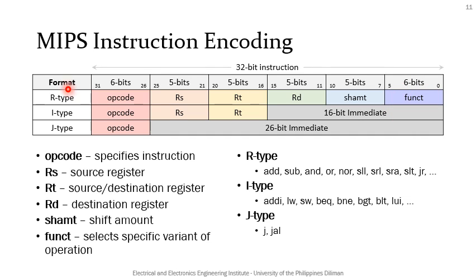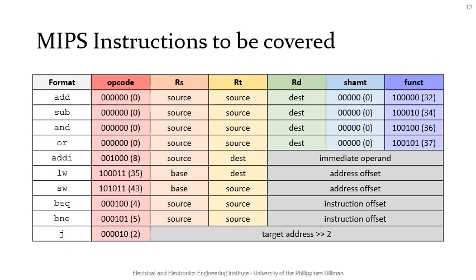for R-type instructions. The immediate is 16 bits for I-type instructions such as addi, load word, store word, BEQ, BNE, etc., while the immediate is 26 bits for J-type instructions, which include jump and JAL. In this lecture, we will only cover and consider the instructions shown in this table.